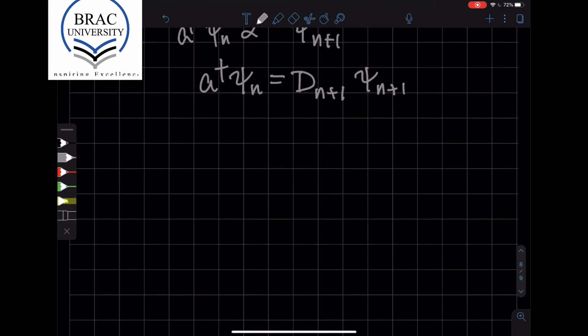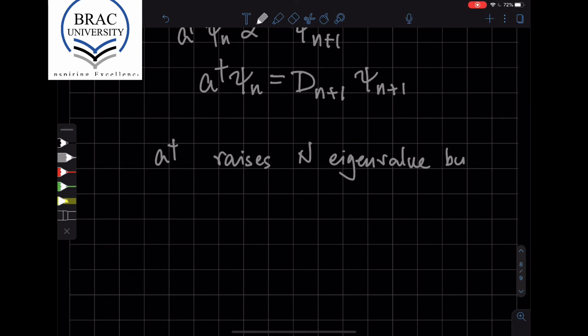Now observe that a dagger raises the n eigenvalue by 1, and a lowers the n eigenvalue by 1.